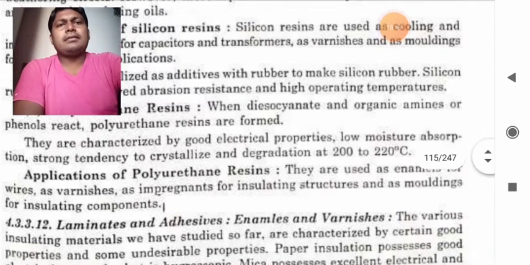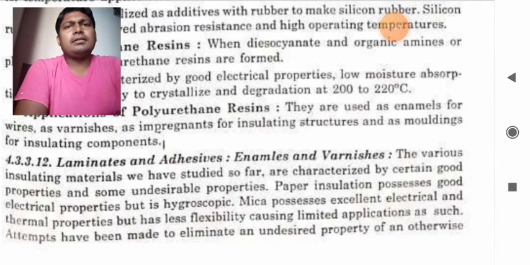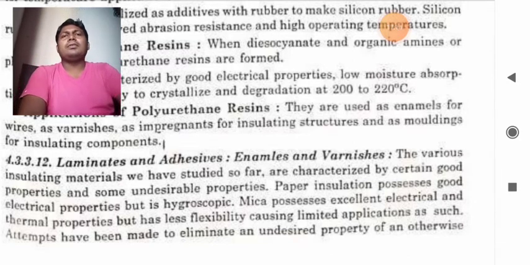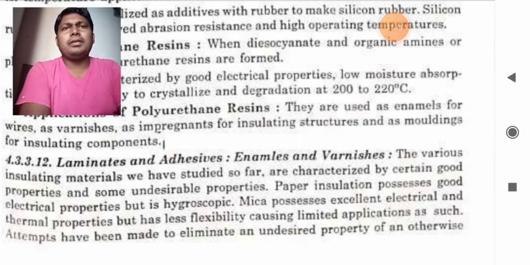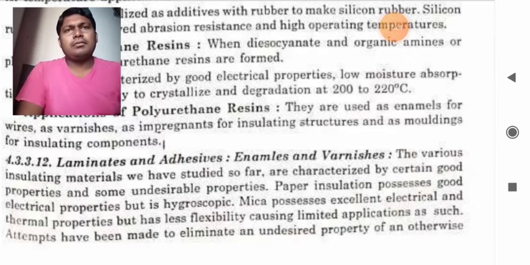Laminates and adhesives. So, these enamels and varnishes, the various insulating materials we have discussed so far, are characterized by certain good properties and some undesirable properties. Every material cannot have only good properties, so along with its properties there are some disadvantages also. So we have discussed till now the advantages and disadvantages of some of the insulating materials.